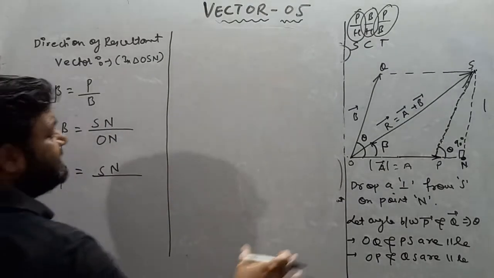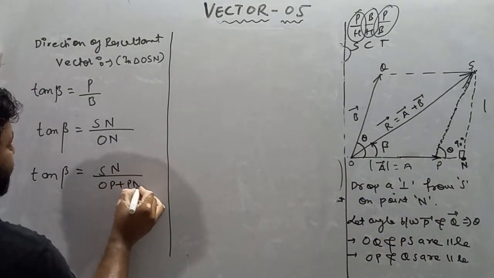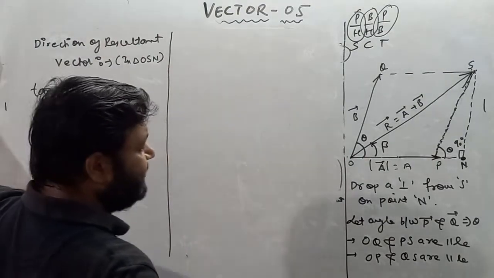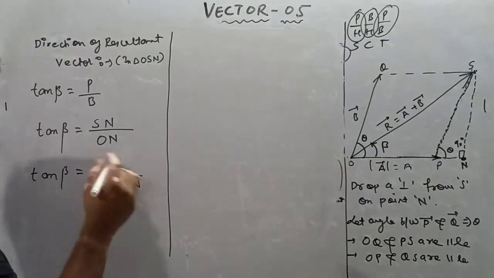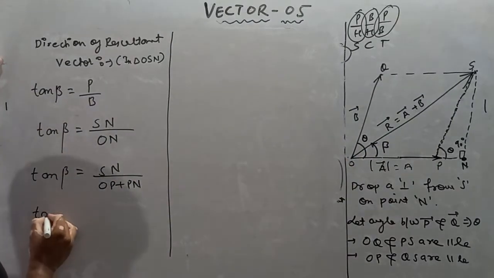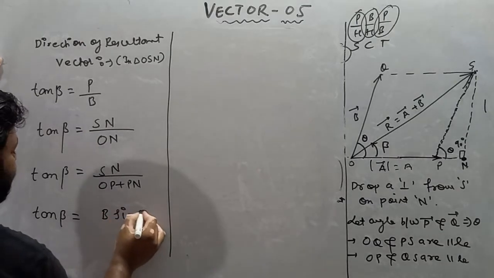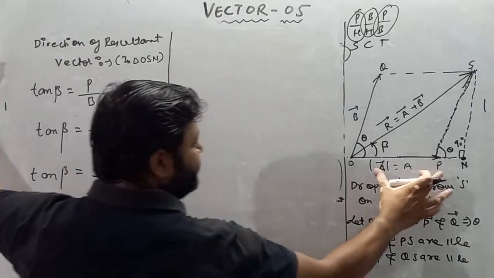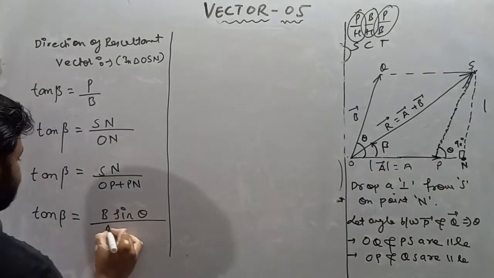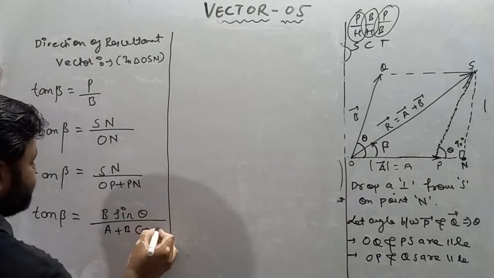Now ON is basically OP plus PN. Instead of SN, we know the value, it is Q sin theta, or we can say B sin theta. So tan beta is equal to B sin theta upon OP. The value of OP is A, plus the value of PN, we already found it, it is B cos theta.